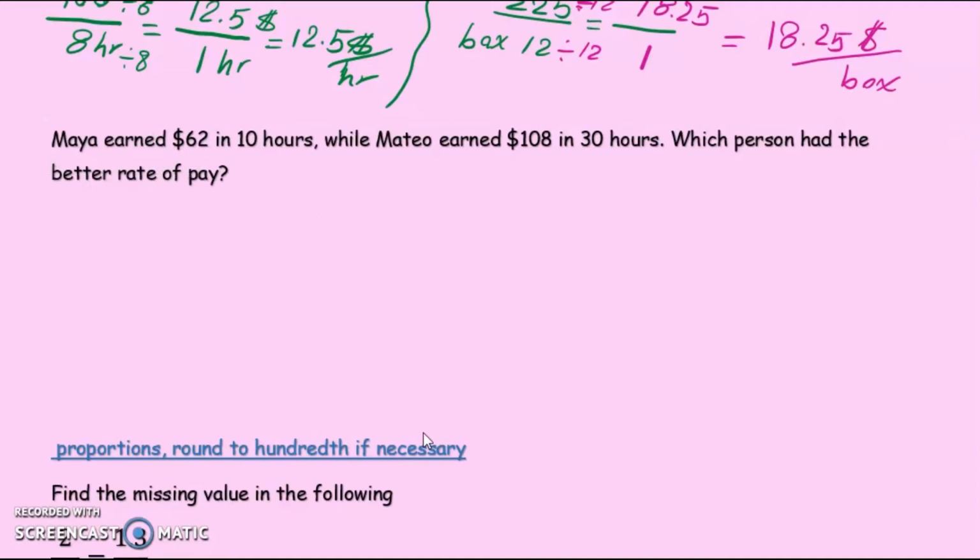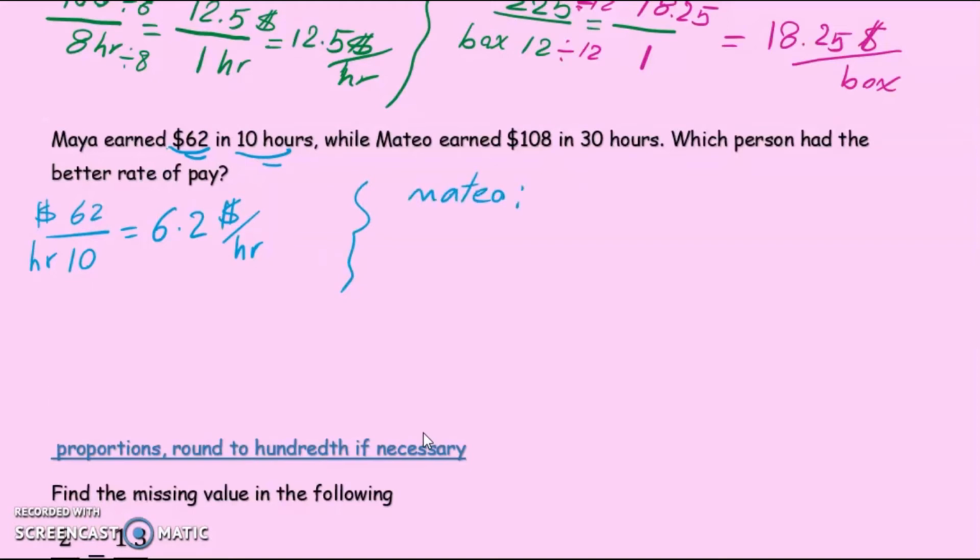Maya, the unit rate for Maya is $62 in 10 hours. Okay, what would the unit rate be? Top divided by bottom would be $6.2 per hour for Maya. How about Matthew?